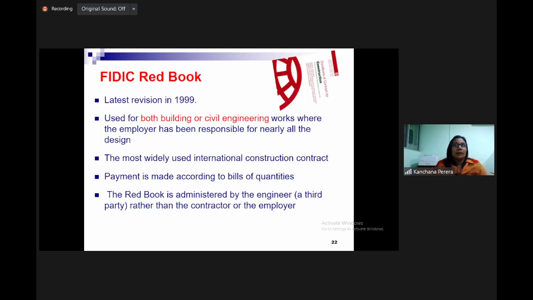The engineer is administering the work, a third party, rather than the contractor or employer. There is a third party, the engineer to the contract, who is administering the project. This is the red book. The latest version is the 2017 book.